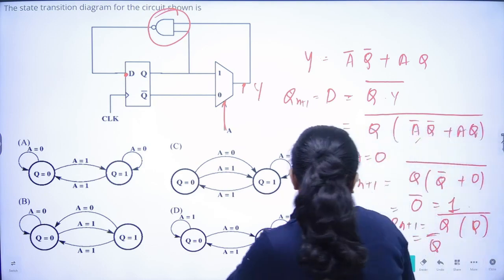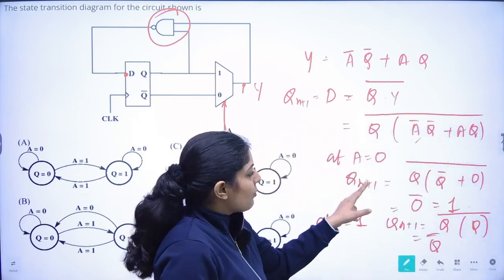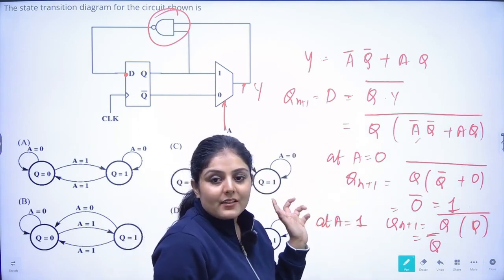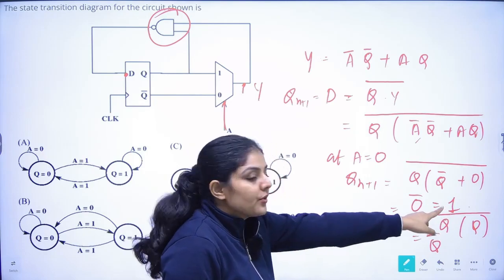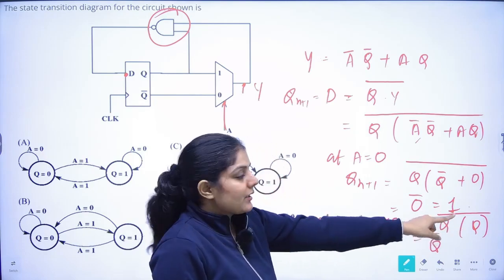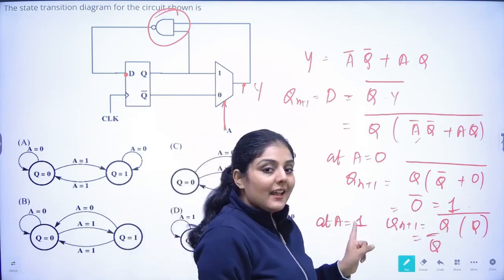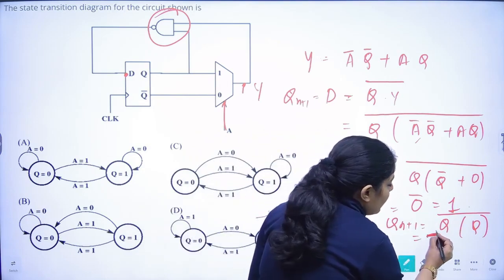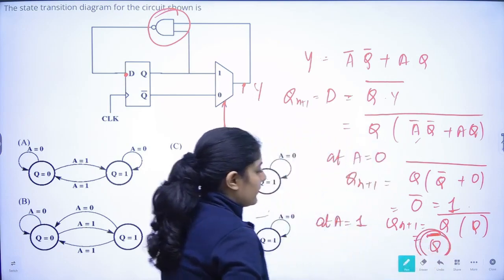So we now see that at A equal to 0, no matter what state it is present in, the output will always go to the Q equal to 1 state. And when A is equal to 1, the output will toggle, right? Because the next state is Q bar.